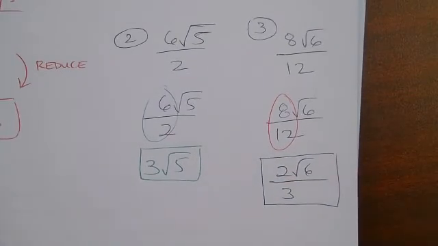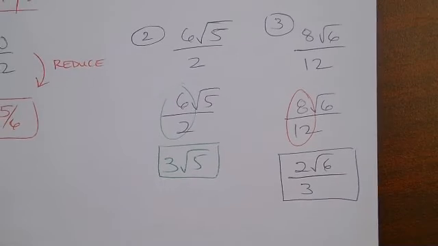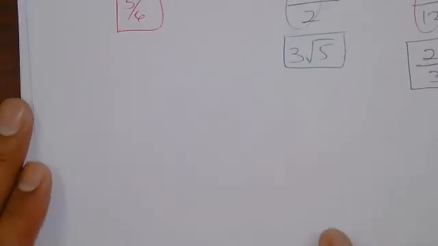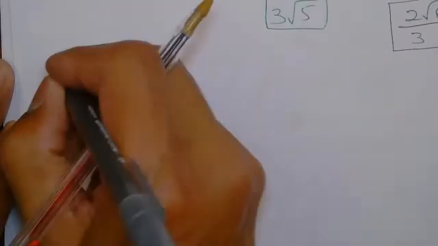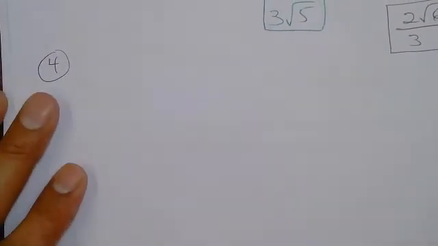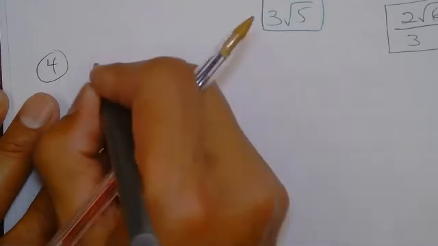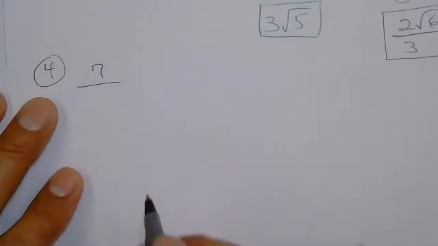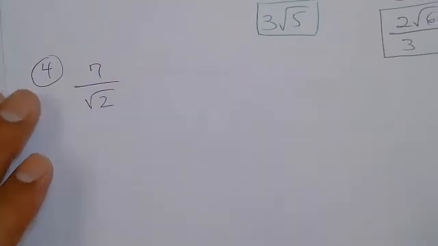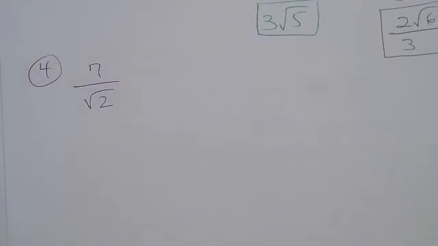Okay, that's going to be the scenario that's going to happen. Okay, here's another one. Ready? Now, what if you have this? Number 4. What if you have 7 over root 2? See, this is what I'm talking about.